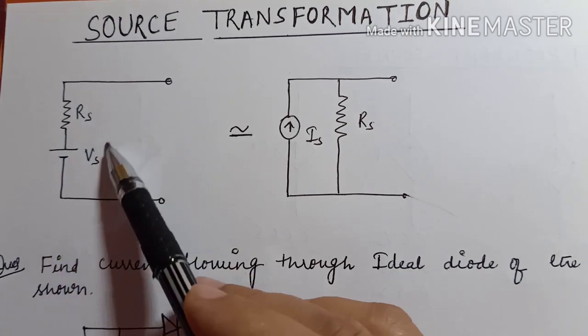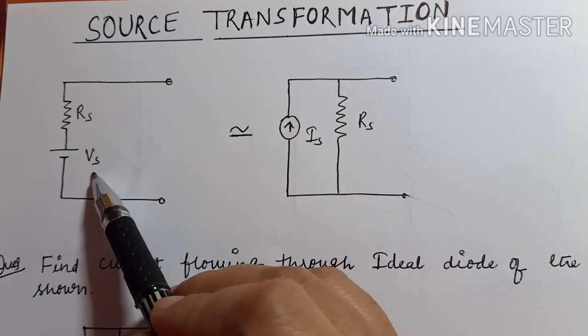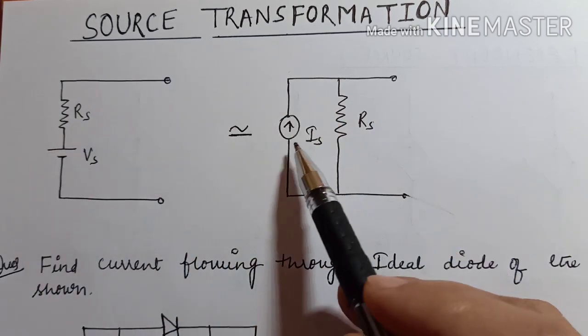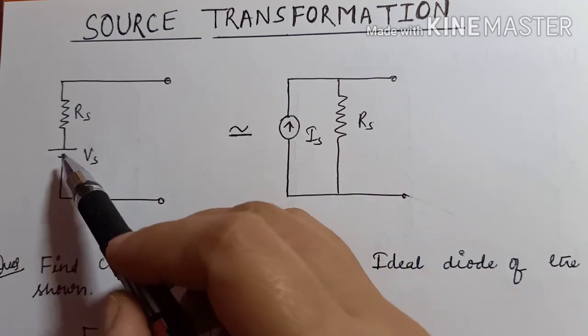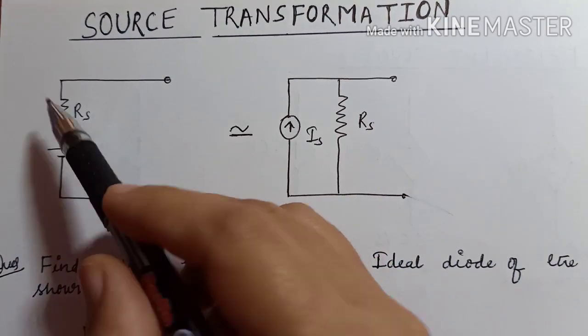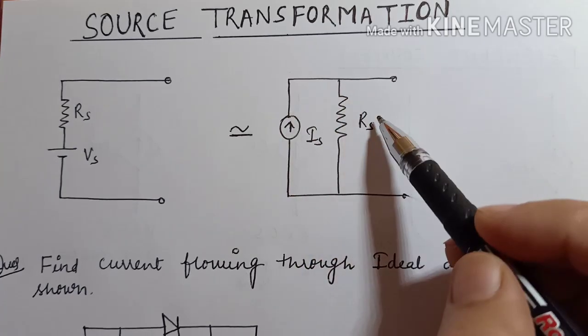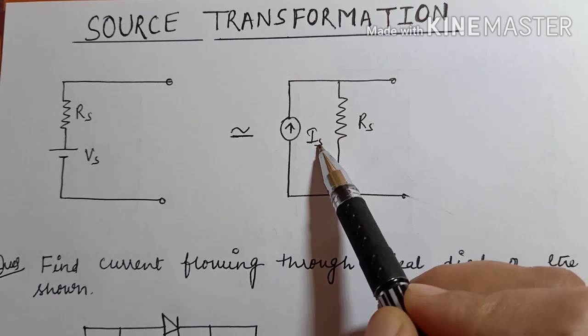Now this voltage source you have to convert into a current source. In a voltage source, always the internal resistance will be connected in series, and in a current source always the internal resistance will be connected in parallel, because in series only voltage drop will be there, and in parallel only different currents will be there. Clear? So now this voltage source you need to convert into this current source.